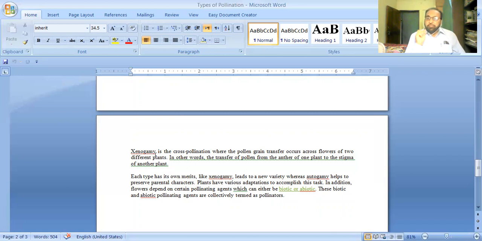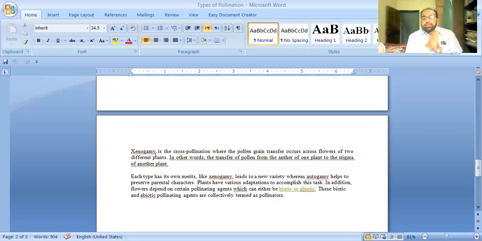Remember, mostly it takes place accidentally. While birds and insects are carrying the pollen grain, it falls accidentally on some other flower on the way. And if they fertilize, that is called hybridization.